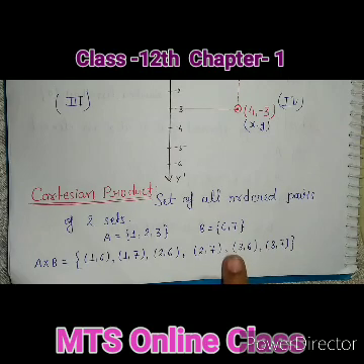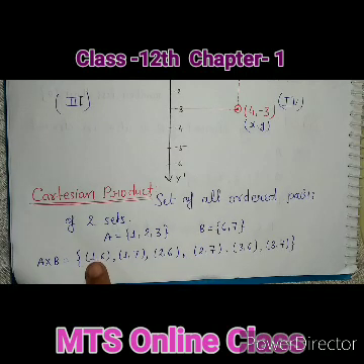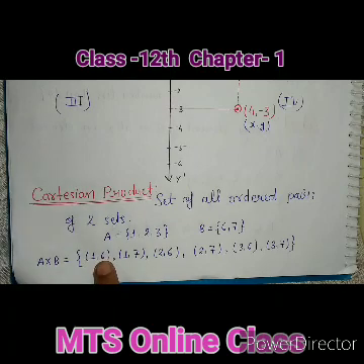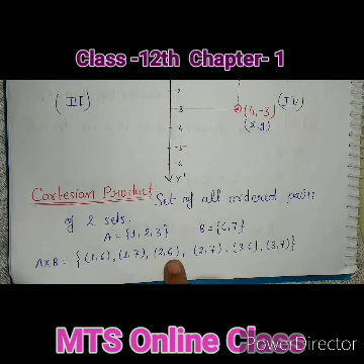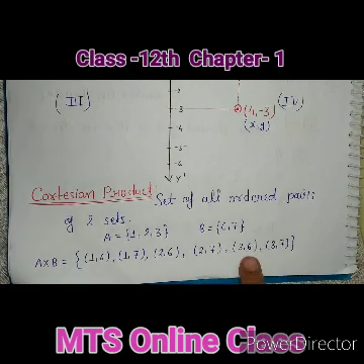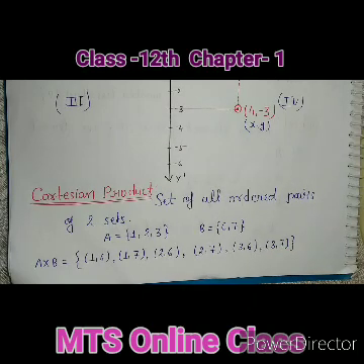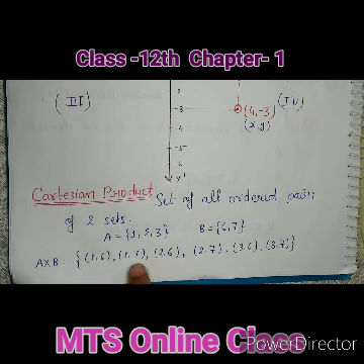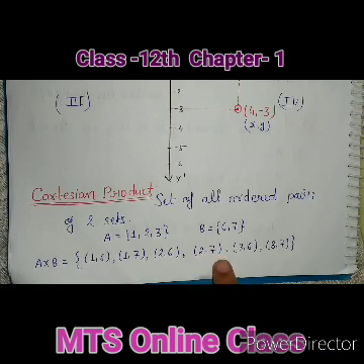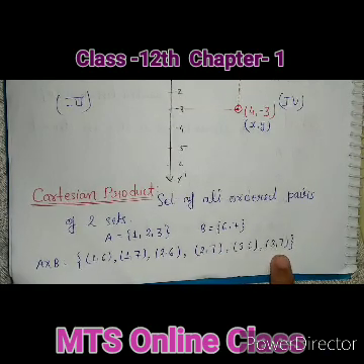The ordered pairs with the first element from A and the second from B are (1, 6), (1, 7), (2, 6), (2, 7), (3, 6), (3, 7), and the ordered pairs with the first element from B and the second from A are (6, 1), (7, 1), (6, 2), (7, 2), (6, 3), (7, 3).